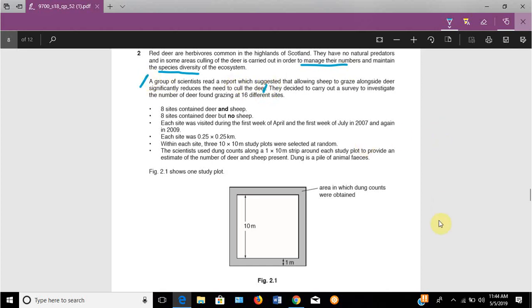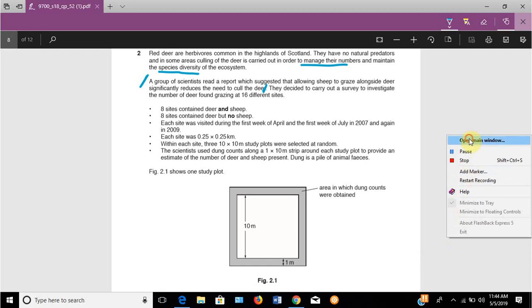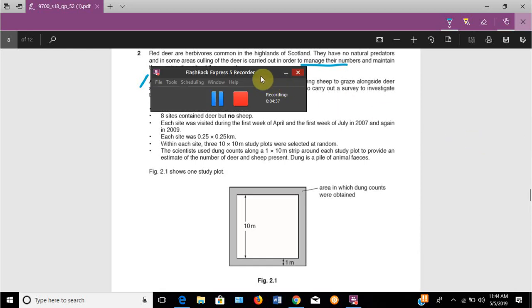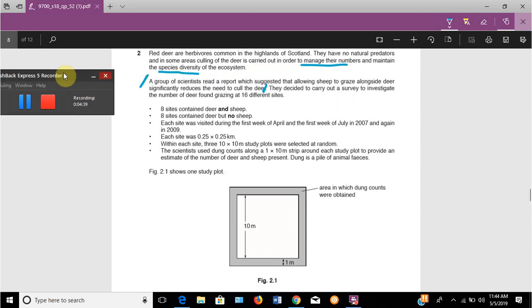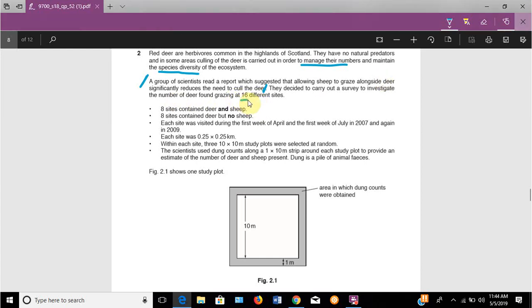Now they decided to carry out a survey to investigate the number of deer found grazing at 16 different sites. If you talk about the distribution, in 8 sites there were deer and sheep, but in 8 others there were deer but there weren't any sheep.